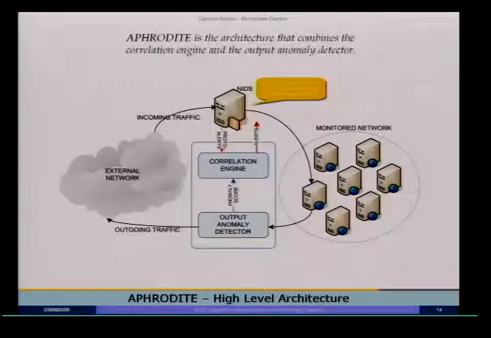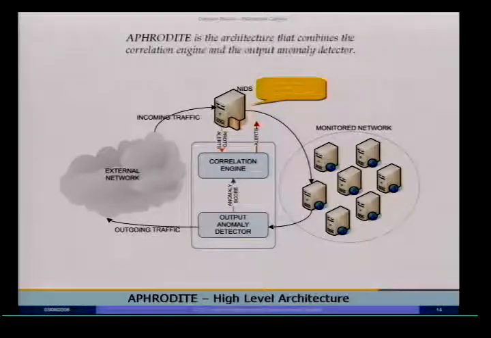It is forwarded inside the Aphrodite architecture. We have our web farm, for example, on the right, and Aphrodite is waiting for the web server, or any kind of monitored service, to produce the output. When the output is finally sent to the user or to the supposed attacker, our output anomaly detector will analyze it. We want to stress that the input NIDS can be any kind of intrusion detection system, signature-based or anomaly-based; this doesn't really matter right now.